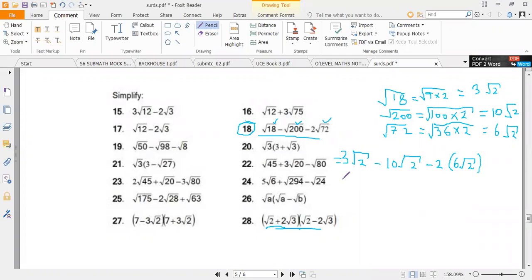So from here we can go ahead and first open the other bracket, which is on the other side. So we shall have 6 root 2 minus 10 root 2. Now what is 2 times 6 root 2?